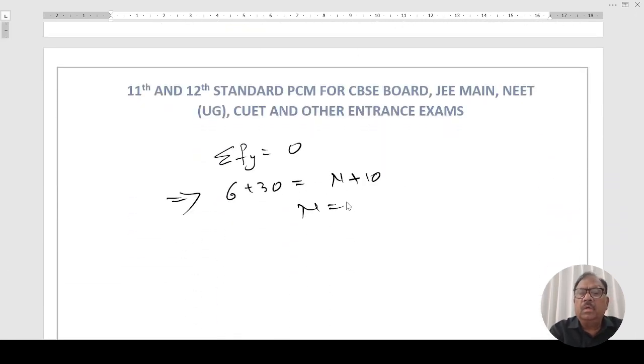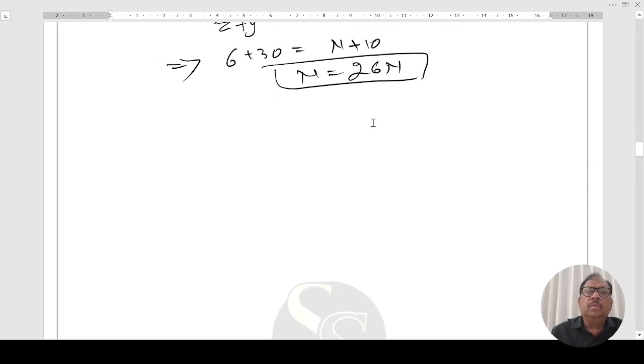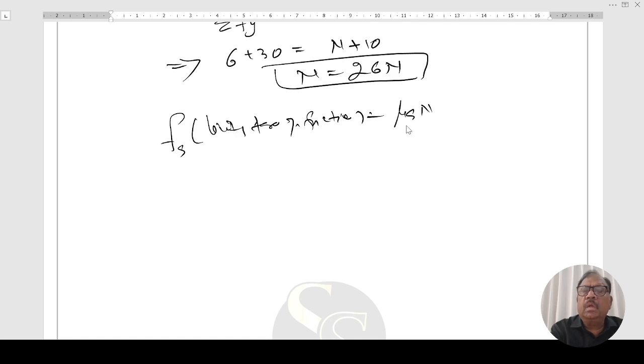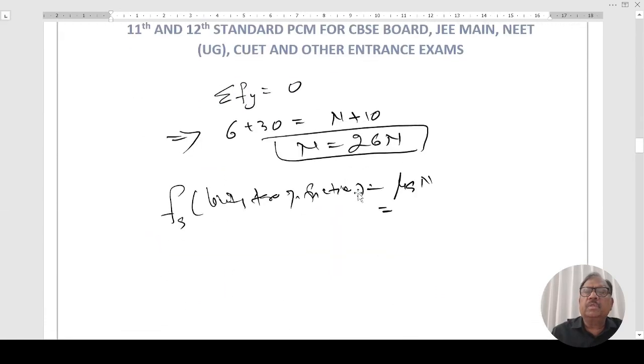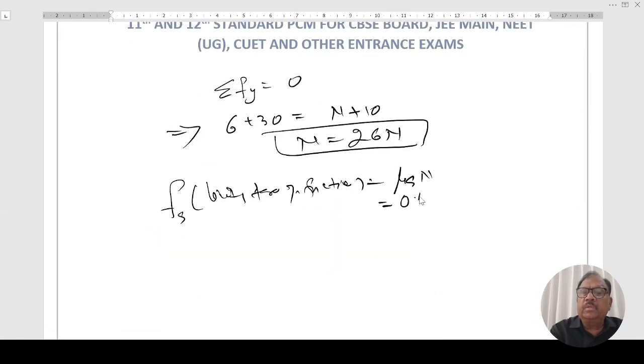On simplification, N is 26 Newton. Now F static, the limiting force of friction, is equal to µs N. µs is given as 0.6, so 0.6 into 26, that is 15.6 Newton.